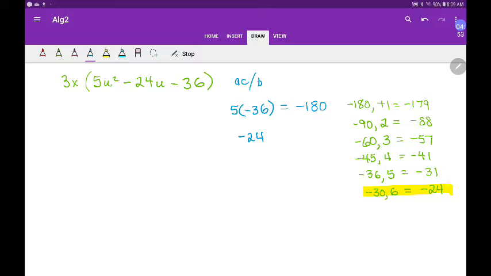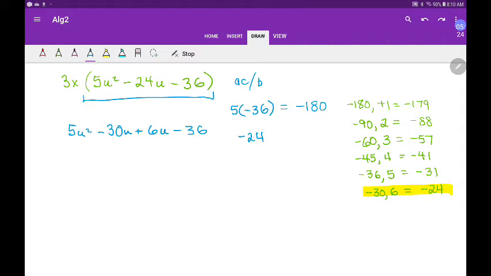So I'm focusing in on this part right here, and I'm going to say 5u squared, I'll just put the 30 first, 30u plus 6u minus 36. And just to review, negative 24u is the same thing as negative 30 and positive 6, right? I just rewrote the middle term.